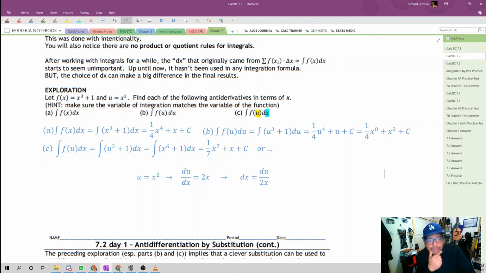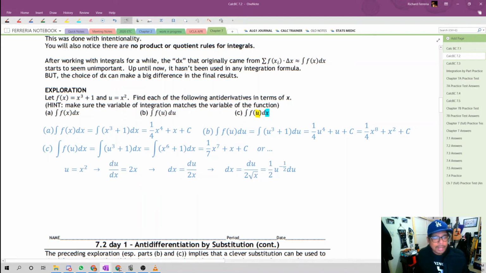Now, I have to turn everything in terms of u, otherwise I can't integrate. So if u is x squared, that means x is the square root of u. That's going to simplify to du over 2 root u, or 1/2 u to the negative 1/2 power.